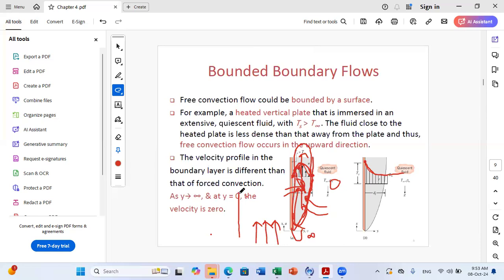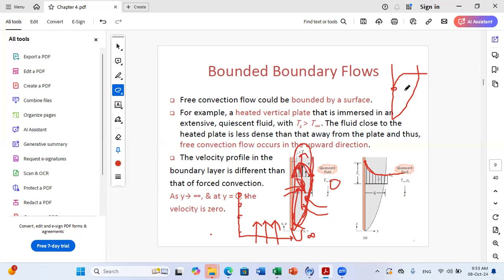Why? Because close to the surface, the velocity is zero because of the no-slip condition, and very far from the surface you have high velocity. So if I want to show the variation of velocity in my boundary layer, I will start here at zero, and my velocity will increase until reaching U infinity.